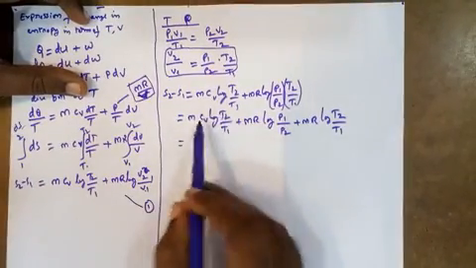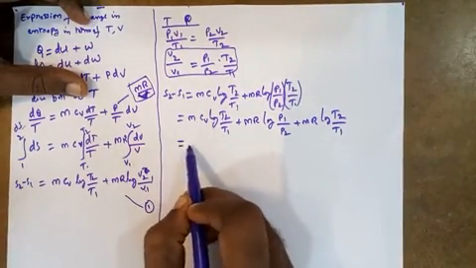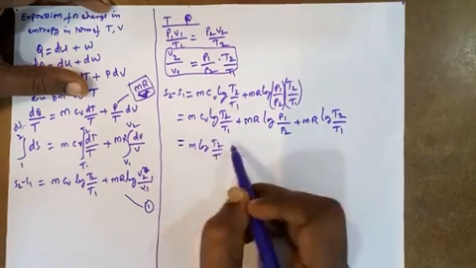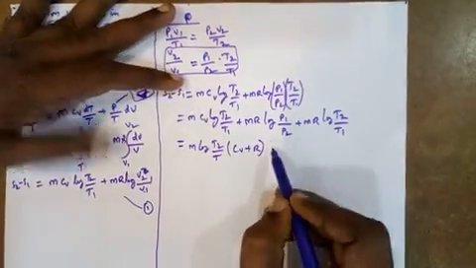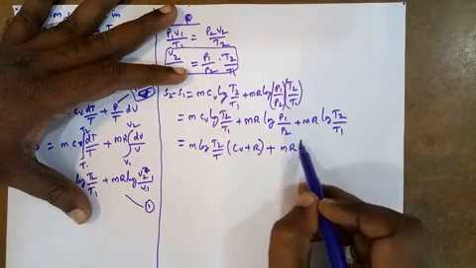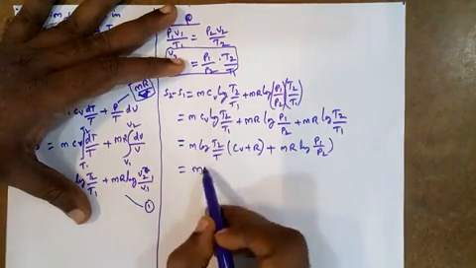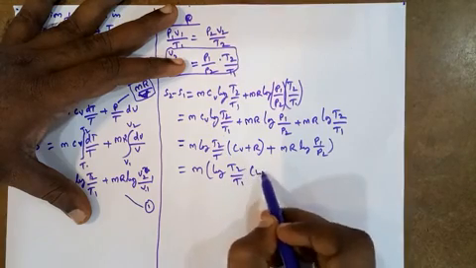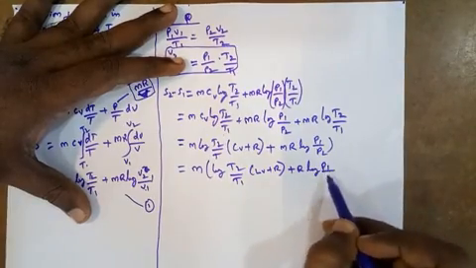You can take log T2 by T1 common, as log T2 by T1 times Cv plus R, plus mR log P1 by P2. You can take m as common: m times log T2 by T1 times (Cv plus R) plus R log P1 by P2.